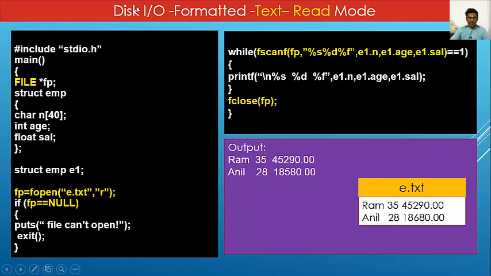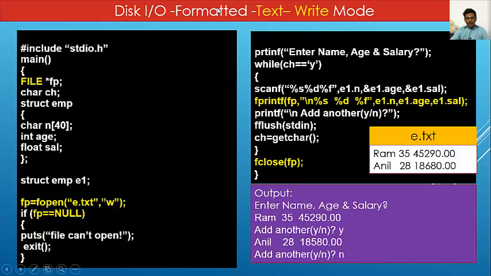This is the next program. This program is for disk I/O, formatted, read mode, text, formatted text. In the previous program it is write mode, that is we get different types of data through the keyboard, then store it into the e.txt file.